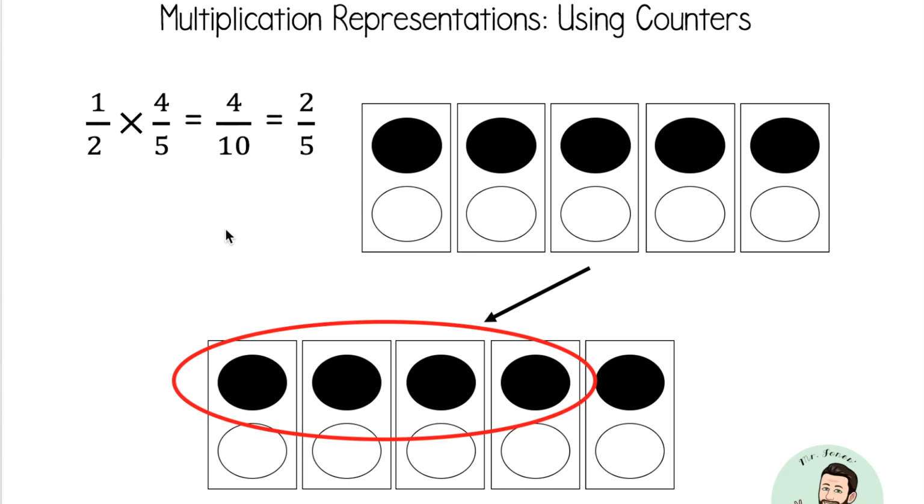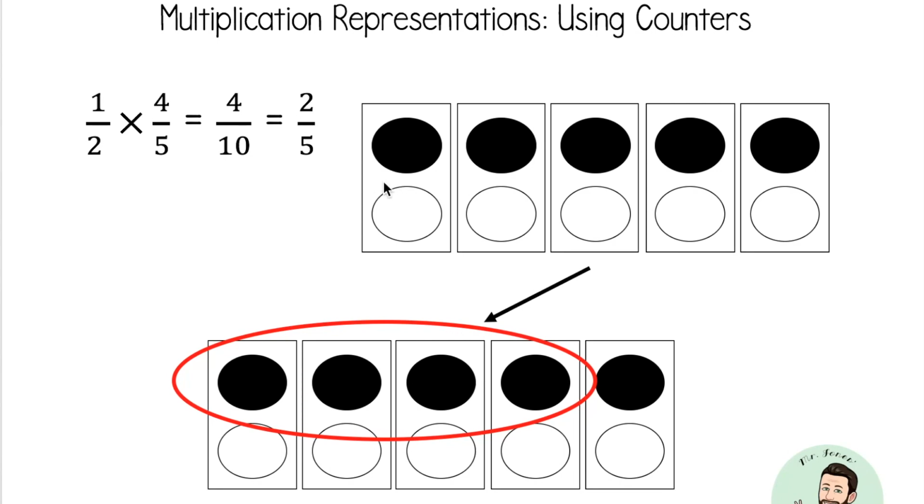Okay, using counters. So counters is another way that we can represent operations of fractions. Sometimes we forget about them because they seem a little bit on the simple side, but you would do the following. You'd start off by representing the first fraction. So in this case, it's 1/2. I've done that by having a black counter and a white counter.